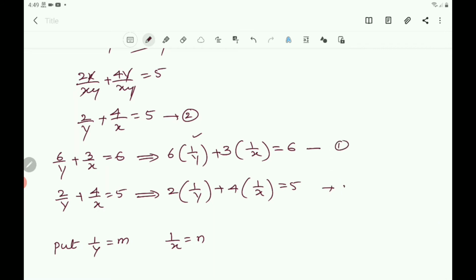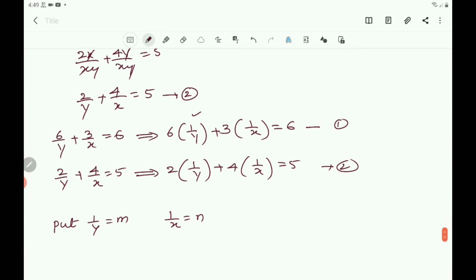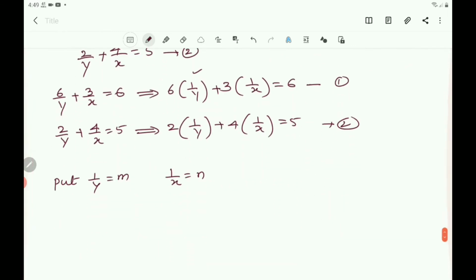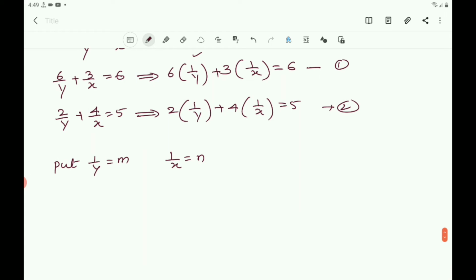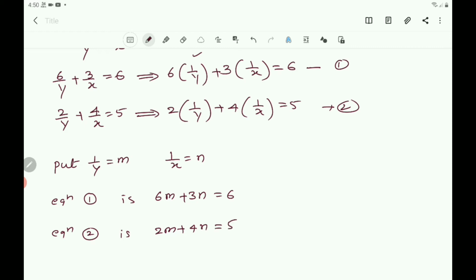Equation 1: since we have taken 1 by y as m, it becomes 6m plus 3n equals 6. And equation 2 is 2m plus 4n equals 5.